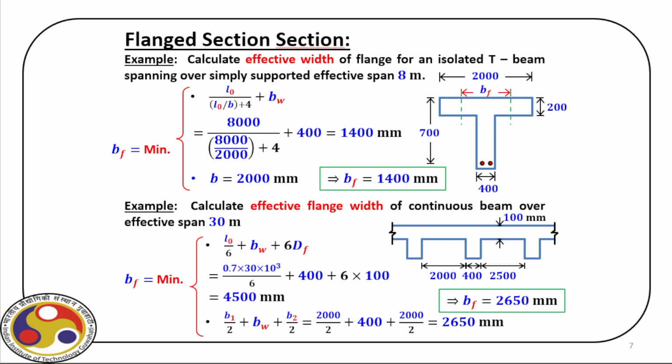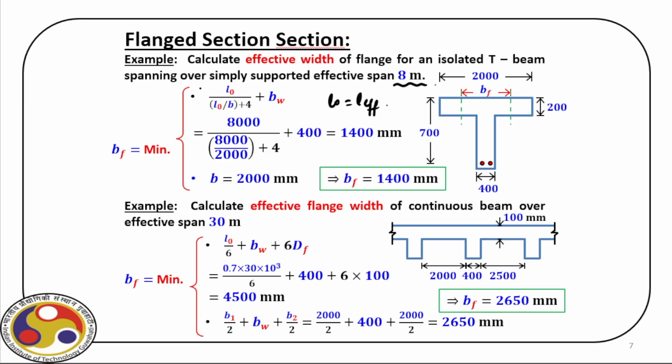Let us take a quick example. So for this T-beam, let us calculate the effective width. The simply supported beam spans 8 meter. That is the effective span. And then because it is simply supported, so L0 is equal to L effective.